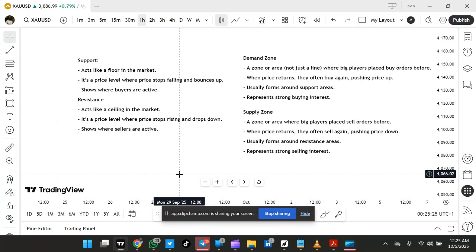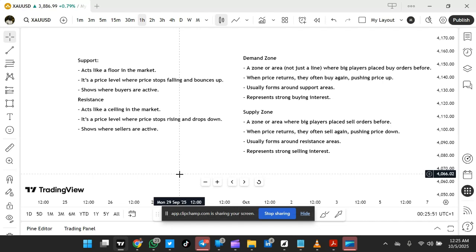So today I'm going to be talking about support and resistance and the demand zone and the supply zone. The reason why I'm making this video is because I've come across retail traders who don't know the difference between support and resistance and demand and supply zones. You'll be talking about demand and supply, and they'll say you're still talking about support and resistance.